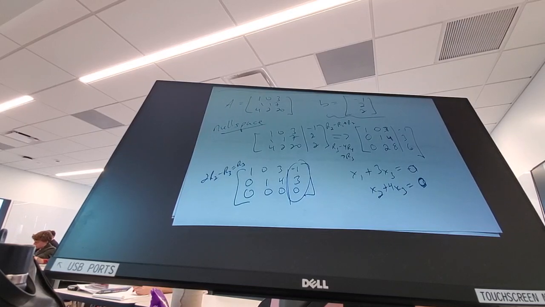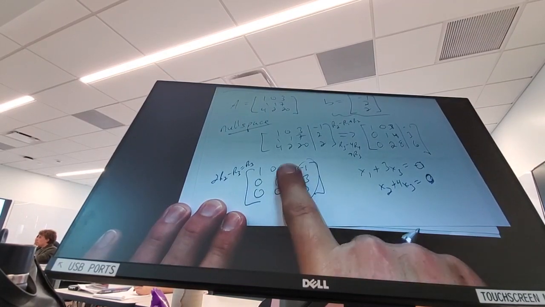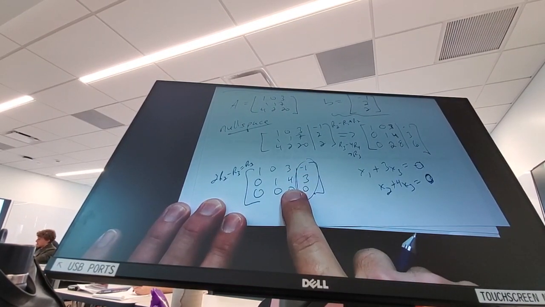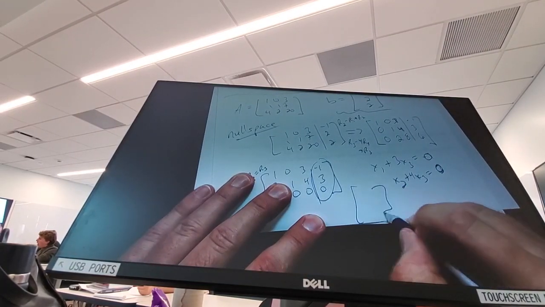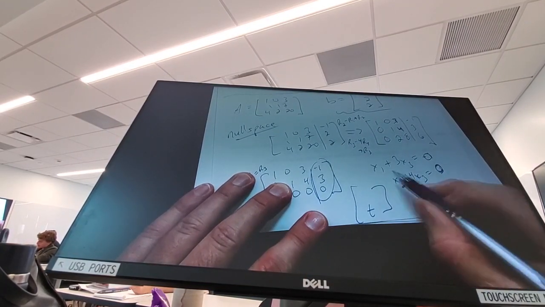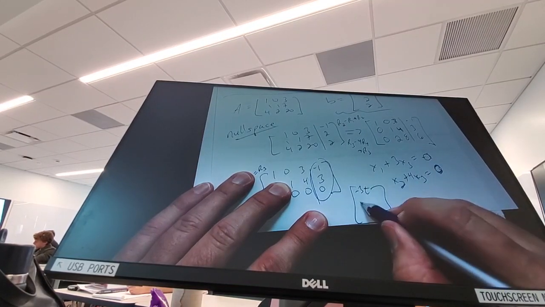So then what's my free variable? X3. And that, of course, makes sense because it comes from the only column that was dependent. So if I call X3 T, what is X1? Negative 3T. And what's X2?